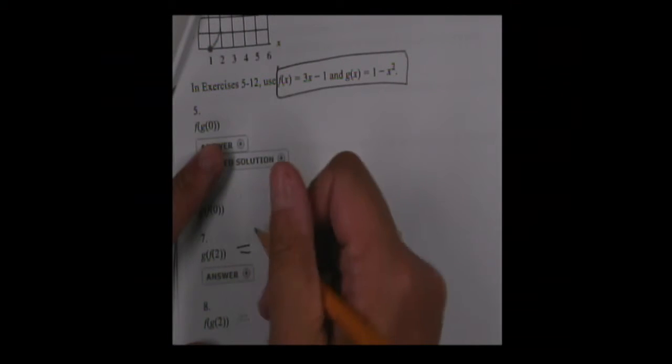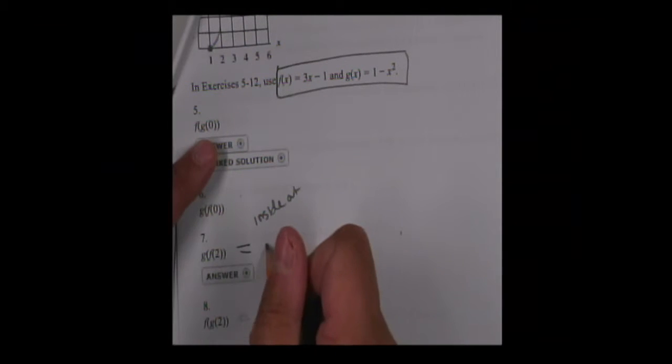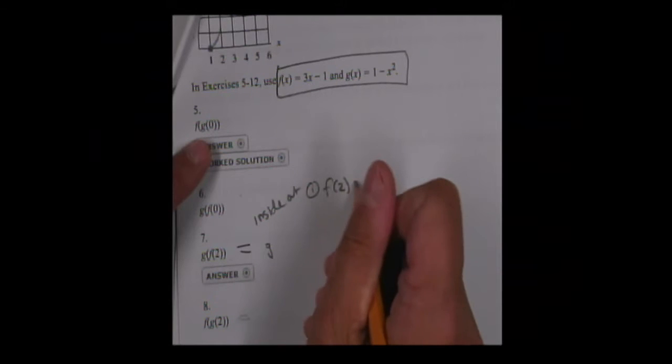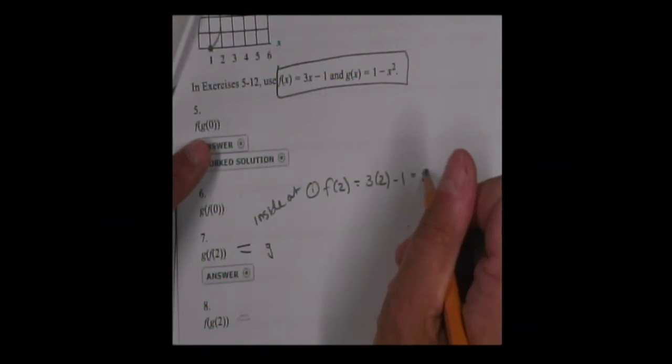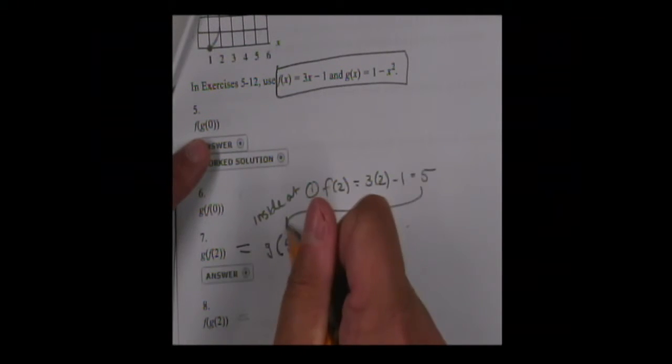So I work from the inside out. If I do f at 2, that's going to be 3 times 2 minus 1, so that's 5. So I work from the inside out.